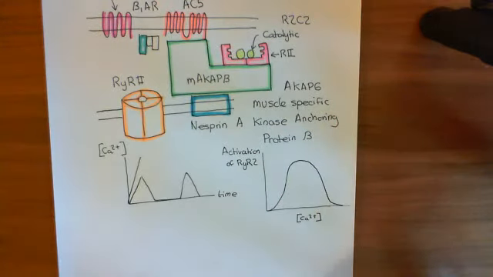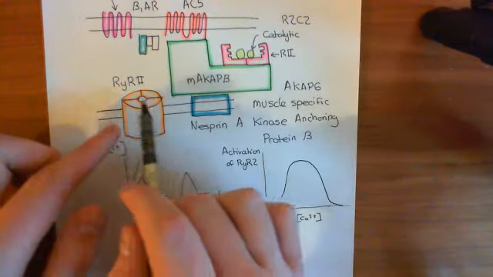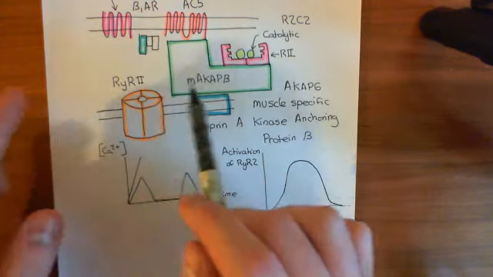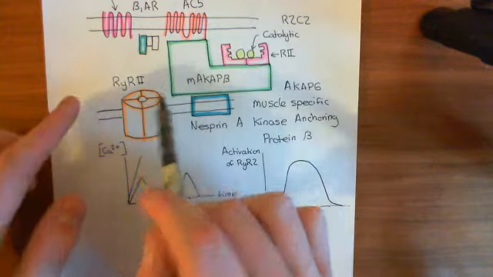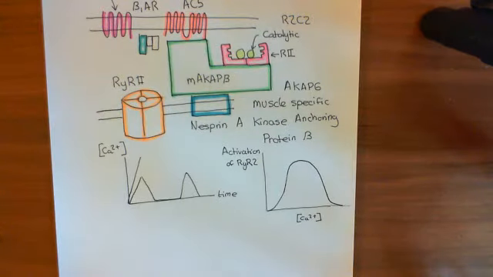Phosphorylation by protein kinase A will reduce the sensitivity of the ryanodine receptor to that, so that it will inactivate at higher calcium concentrations than before. Okay, so both of these things are how the protein kinase A is going to activate the type 2 ryanodine receptor, so that overall we get larger calcium spikes in the cytoplasm of the cardiomyocyte.